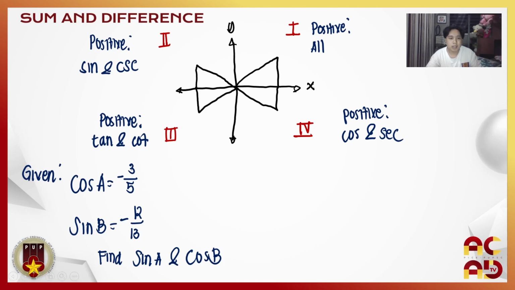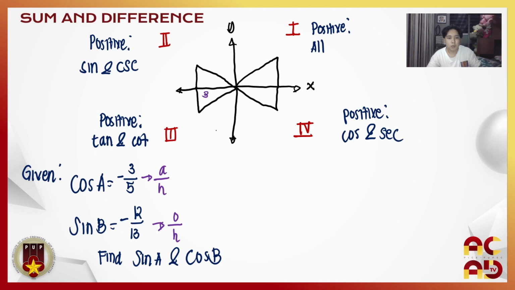Diba yung A natin is in quadrant 3 and then ang cosine natin, diba ang cosine natin sa SOHCAHTOA is adjacent over hypotenuse. While yung sine natin ay opposite over hypotenuse. Ayan. So, ilagay lang natin dito yung adjacent natin, dito sa quadrant 3, which is yung 3.